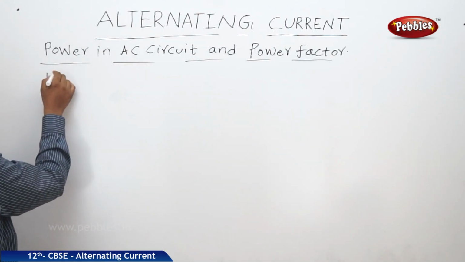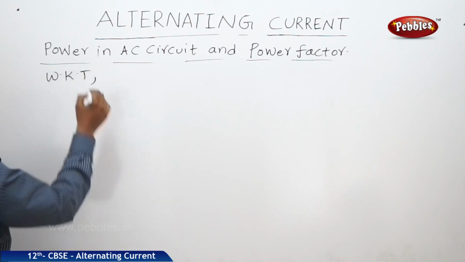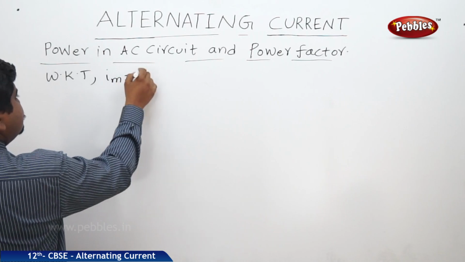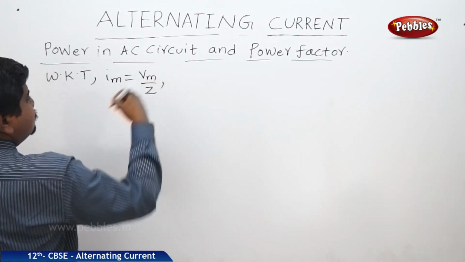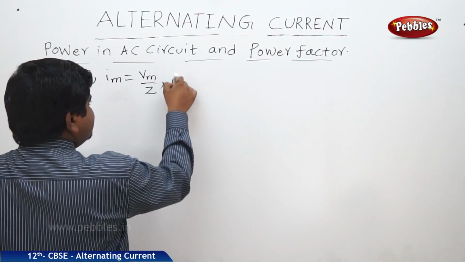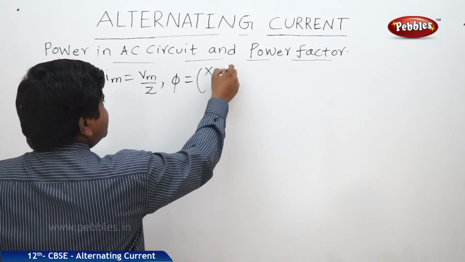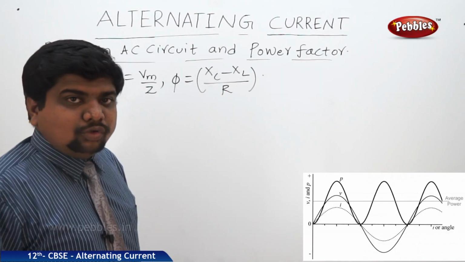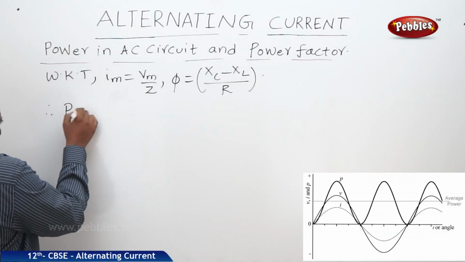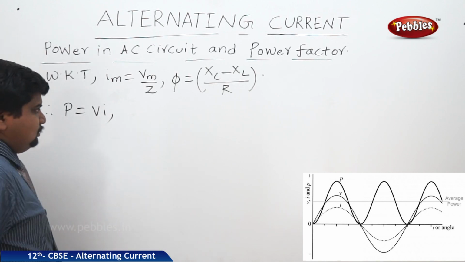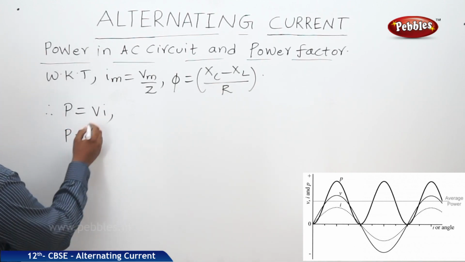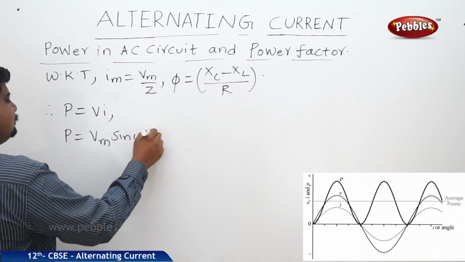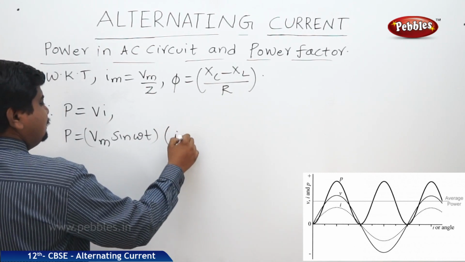We know that Im is equal to Vm by Z, and phi is equal to Xc minus XL by R. We know that power is equal to Vi. So power is equal to V means Vm sin omega t. What is I?